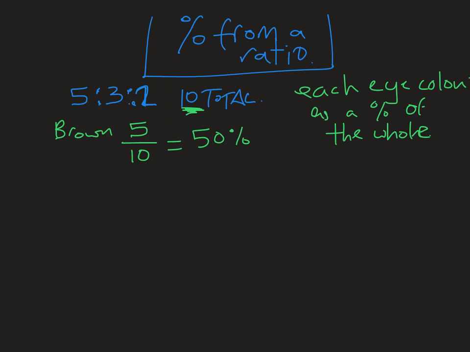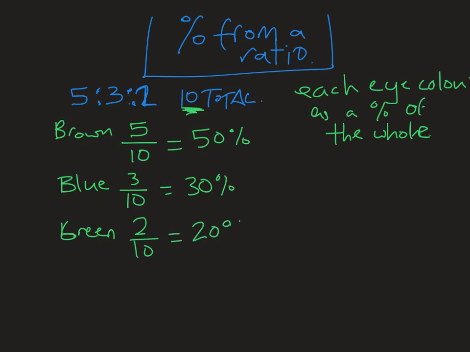Okay, blue eyes is 3 out of 10, and I know that's 30%. And green is 2 out of 10, which gives me 20%.